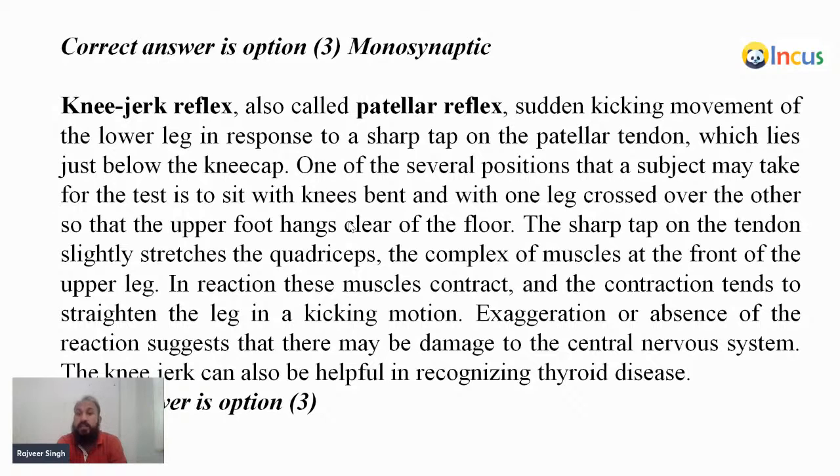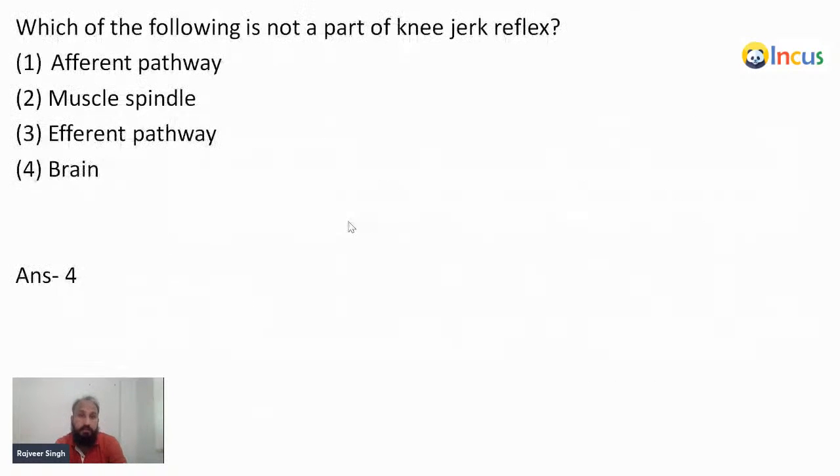The tendon is slightly stretched, and the quadriceps, the complex of muscles at the front of the upper leg, react. These muscles contract, and the contraction tends to straighten the leg in a kicking motion. Exaggeration or absence of the reaction suggests that there may be damage to the central nervous system. The knee jerk can also be helpful in recognizing thyroid disease. Answer will be third, monosynaptic.